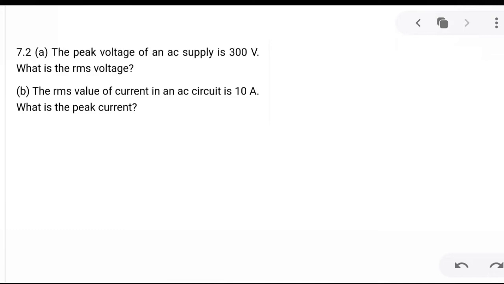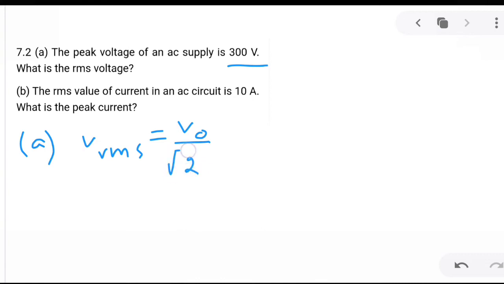Now in question number 7.2, again you have two parts. First, part A: the peak voltage of an AC supply is 300 volt. What is the RMS voltage? What is the relation between peak voltage and RMS voltage? VRMS is equal to peak voltage divided by root 2.